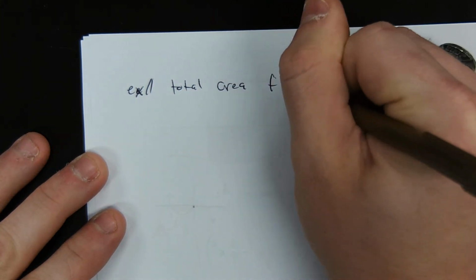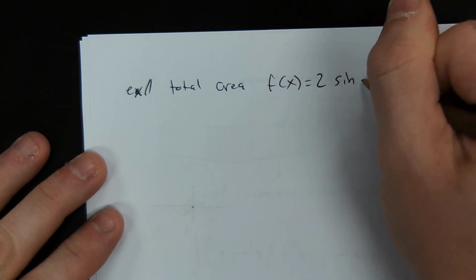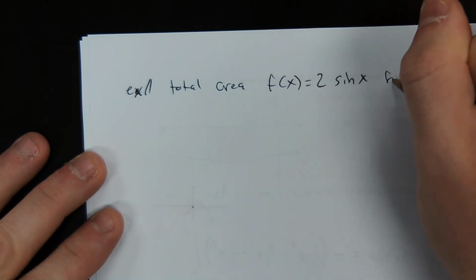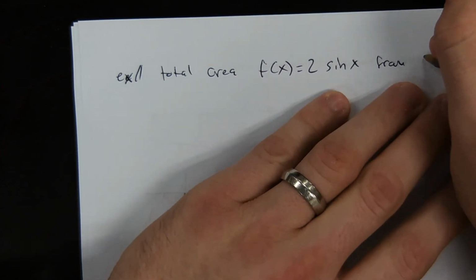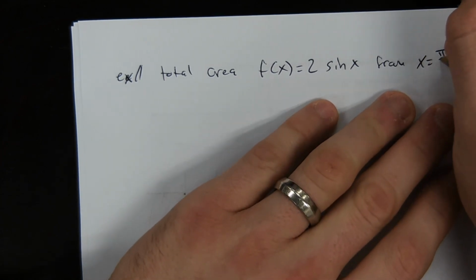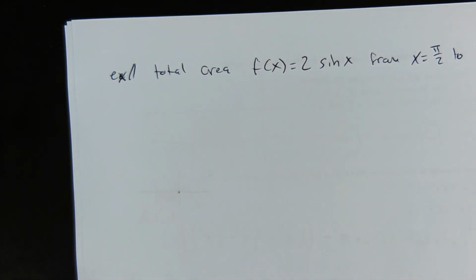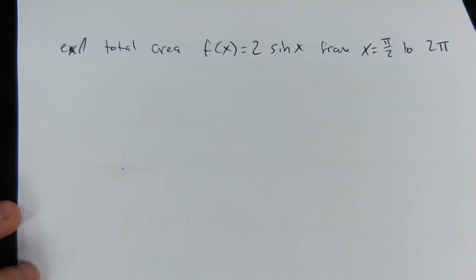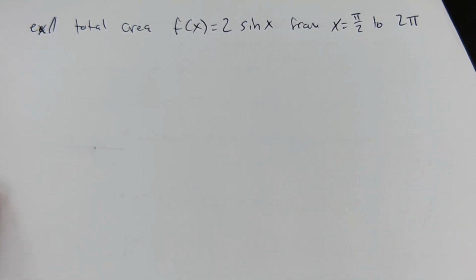Total area, f of x equals, it was 2 sine of x, right? And that is from, is it pi over 2 to 2 pi? So to answer Bria's question from earlier, you would need to graph this to figure out where this thing is above the x-axis and where this thing is below the x-axis.